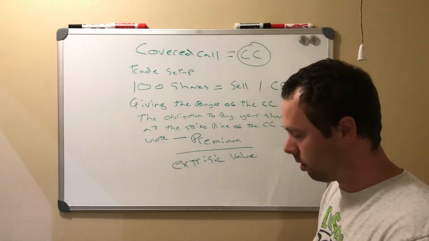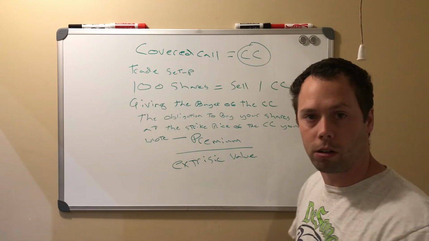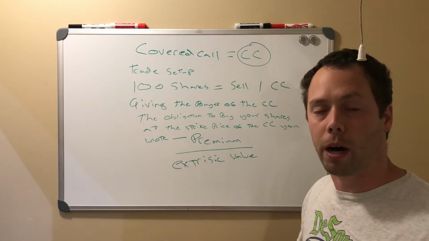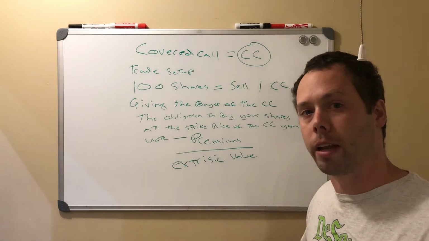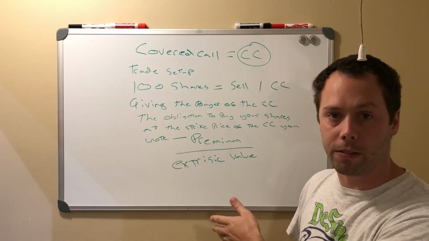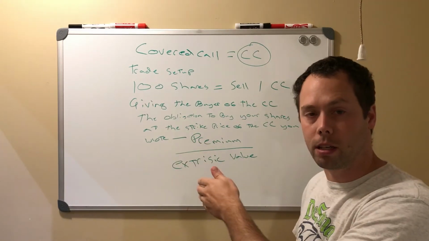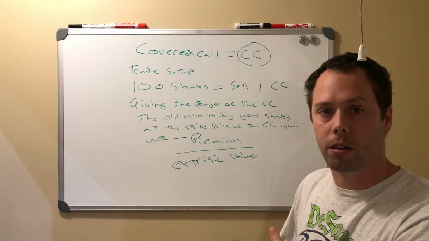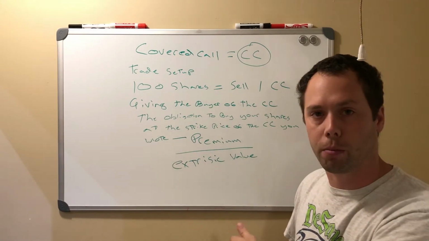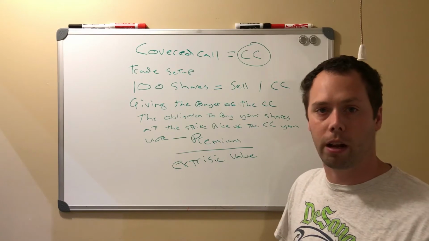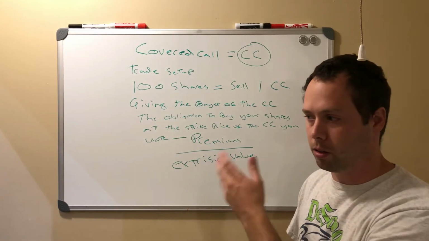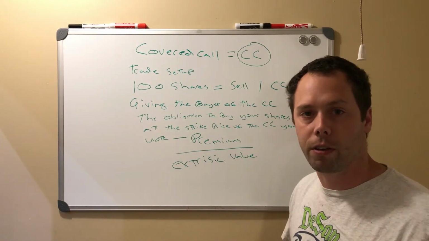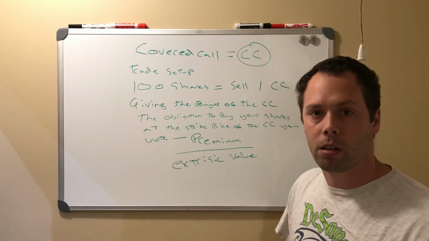I'll draw it out on a chart briefly. You buy a stock at $9, you'll sell an out of the money call at $9.50, and that means that on the day of expiration, which is usually a week later, you set up the trade on Monday and it comes in on Friday, and you're like, I'll let somebody buy my shares at $9.50, and I'm going to capture a premium.